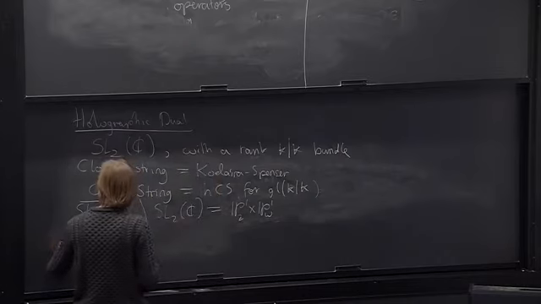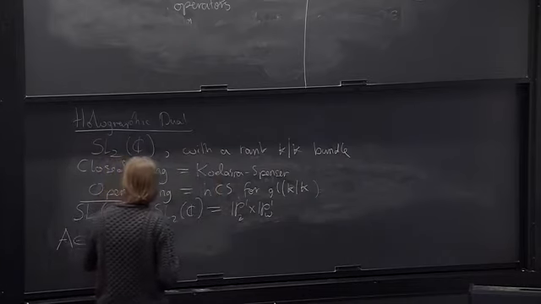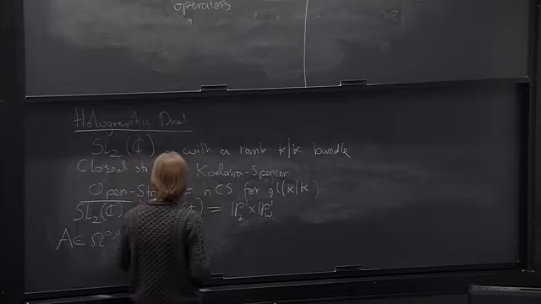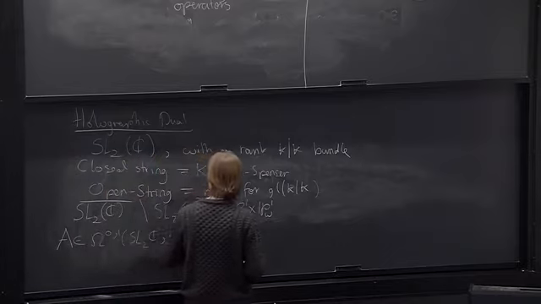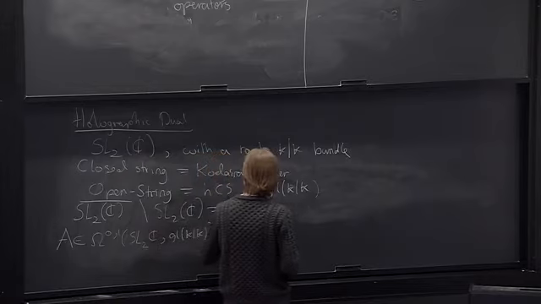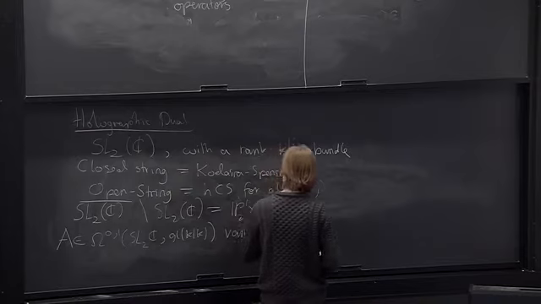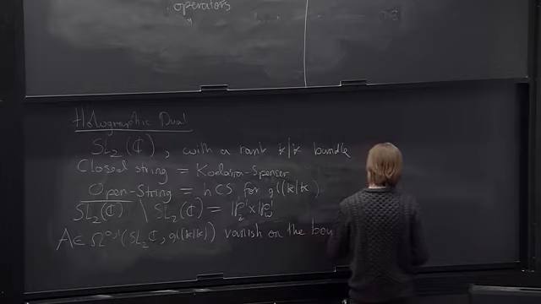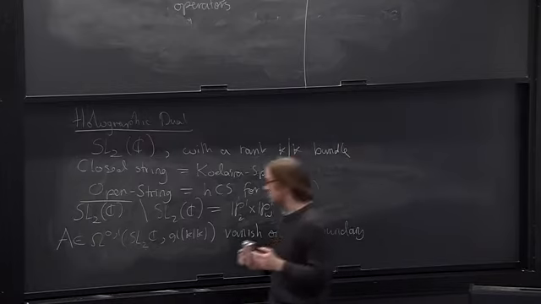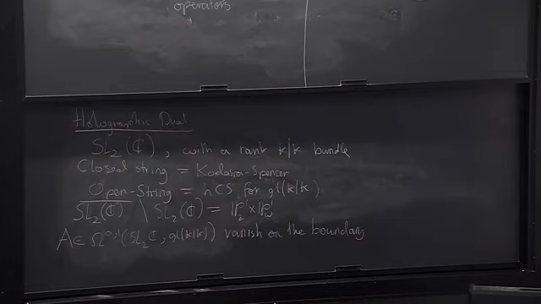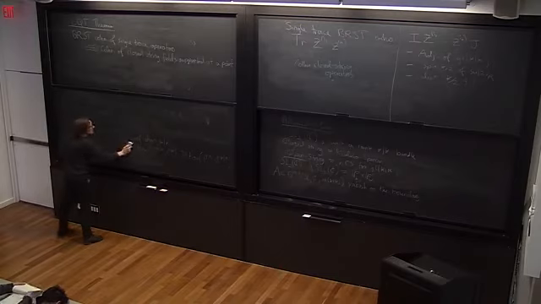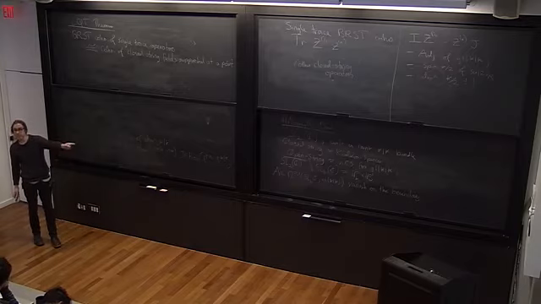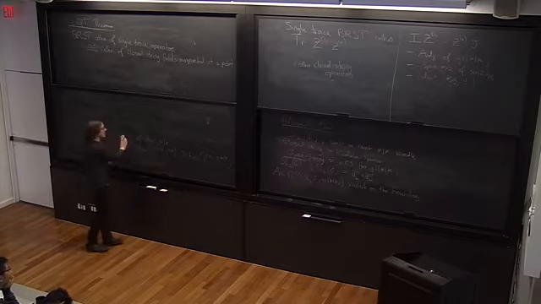And we asked that the gauge field of holomorphic Chern-Simons theory should vanish on the boundary. So now we can just study solutions of the equations of motion which satisfy this constraint except at a point on the z.